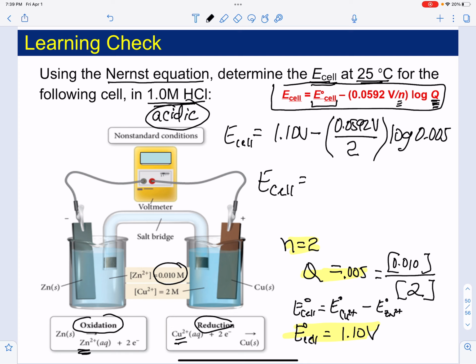So that's going to equal 1.10 minus negative 0.068.